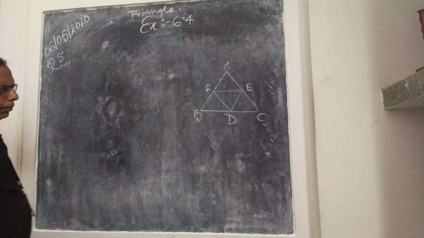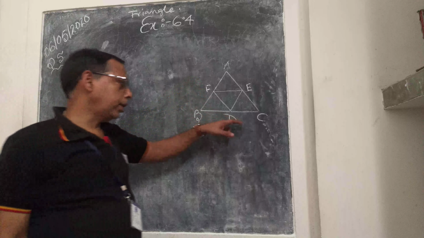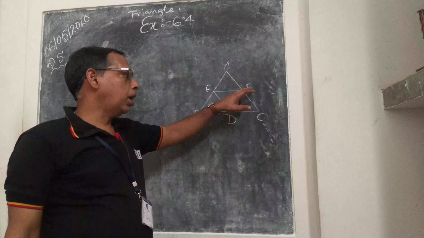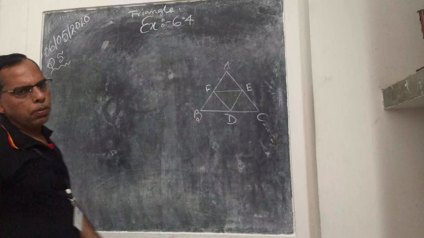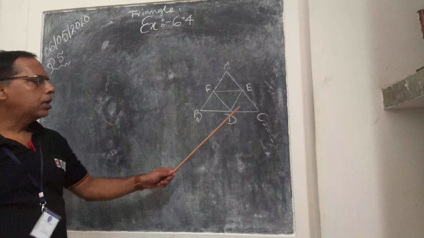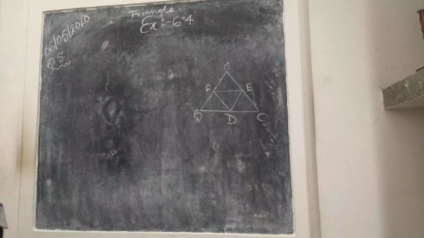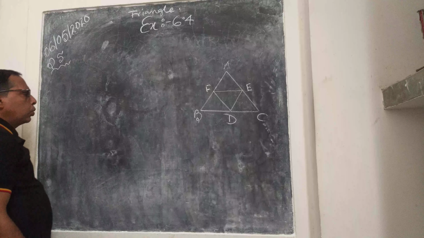First of all, you write: ABC is a triangle, and D, E and F are the midpoints of BC, CA and AB.